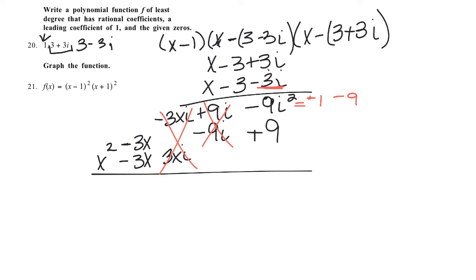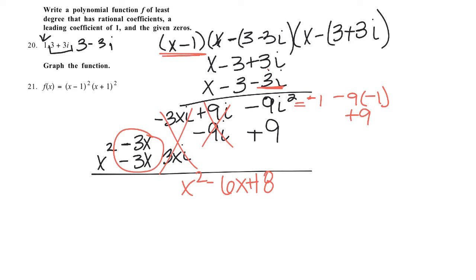So that's negative 9 times negative 1, which is positive 9. So positive 9 plus positive 9 is 18. And then I have negative 6x, and then I have x squared. So we get x squared minus 6x plus 18.